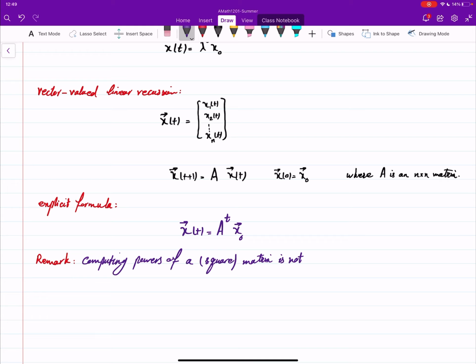Well, let's see this in one example, and you will notice how it will work.